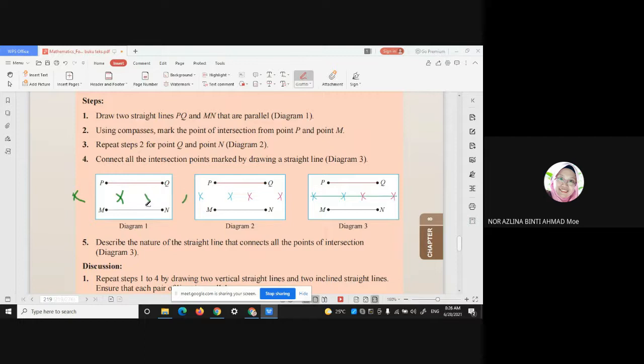Then from N, left, right. Then you get a shape like this. We draw the straight line using a ruler and pencil. You must use a pencil, and for lines you must use a ruler.